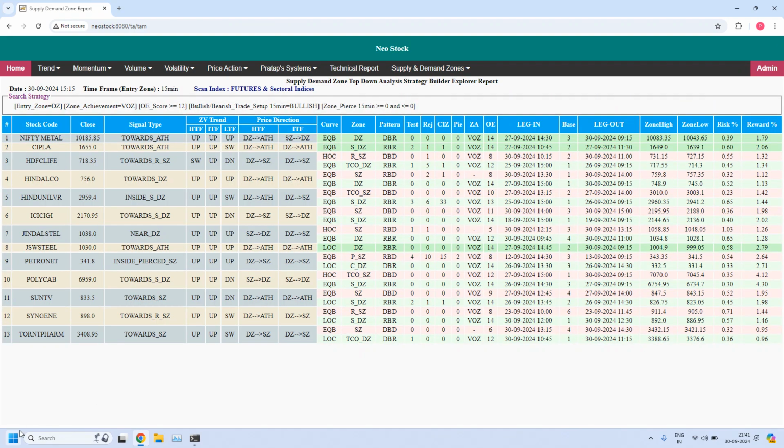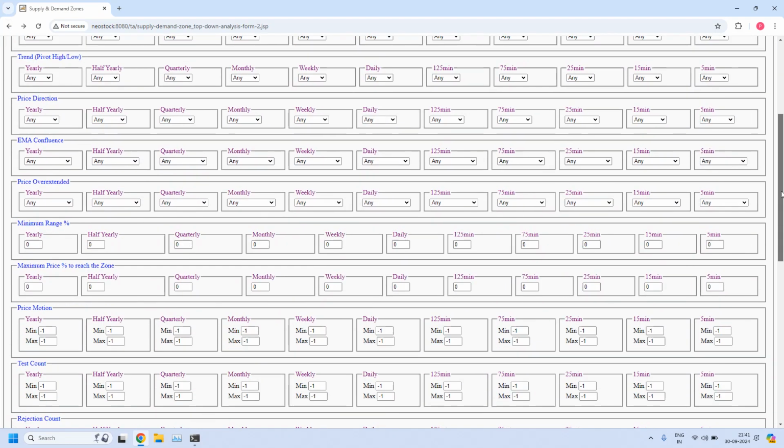Let's verify. We got 13 stocks. These 13 stocks are currently supporting bullish trade setup for daily income trade, that is entry time frame 15 minutes. Okay, to improve the probability, let's verify how many of these zones are having ITF confluence. That means 15 minute zone should be part of the 75 minutes demand zone.